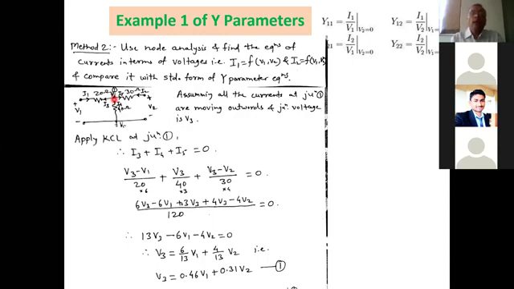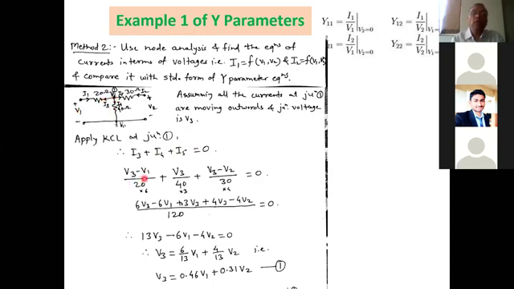Okay. Now apply KCL at this junction 1. If you apply KCL at this junction 1, it will be simply I3 plus I4 plus I5 equal to 0. Now find the value of I3, I4 and I5. So I3 will be V3 minus V1 upon 20.